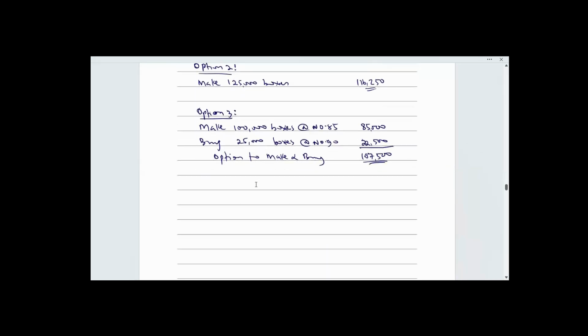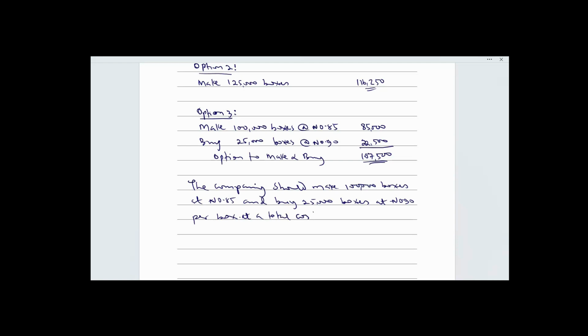So if you like, we can then go further to say the company should make 100,000 boxes at 85 kobo and buy 25,000 boxes at 90 kobo per box, at a total cost of 107,500 naira.